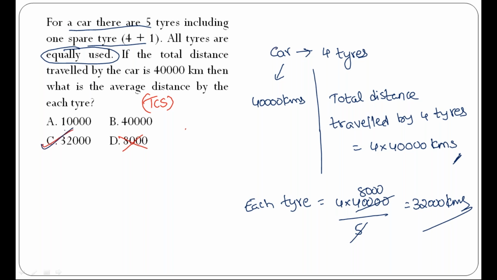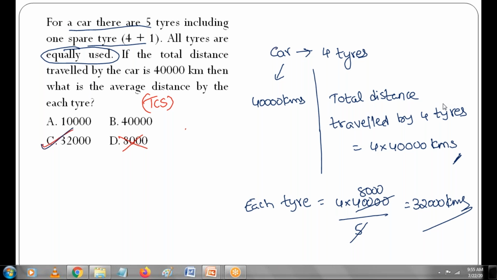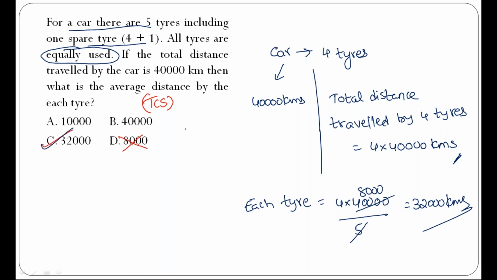It's not 8,000. A lot of people will say, sir, 40,000 kilometers traveled by the car. Okay, we have to distribute among the 5 tires, divided by 5. Why are you going with option D? My dear friends, that's the thing. Option D is wrong. We have to go with option C because the car at a time used 4 tires. Each tire travels 40,000 kilometers.